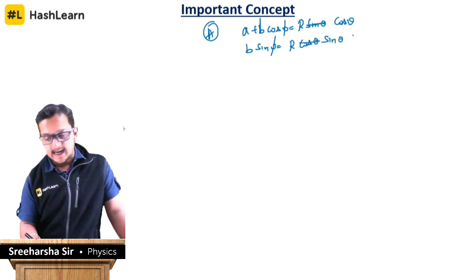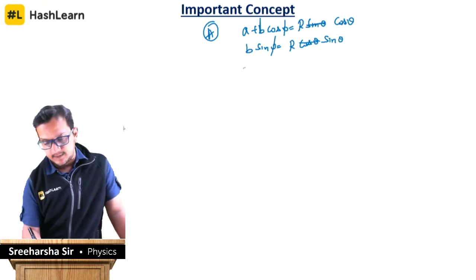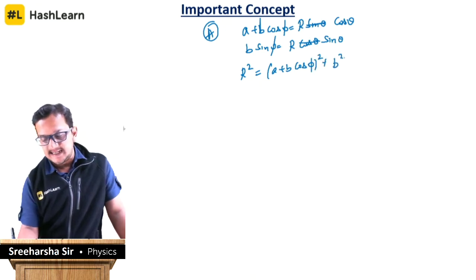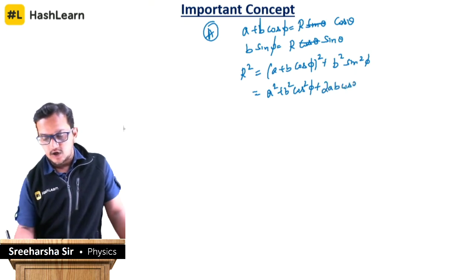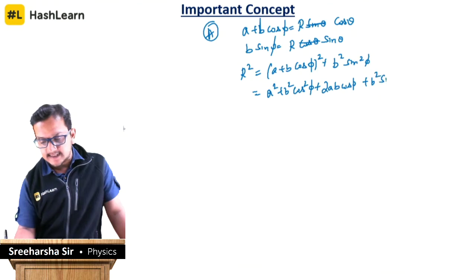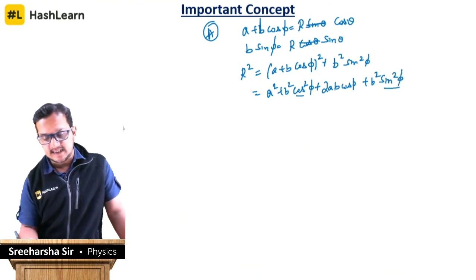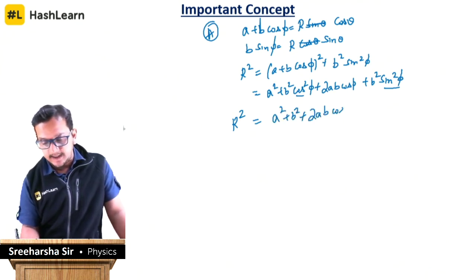If you square and add them, you will have r square equals (a plus b cos phi) square plus b square sin square phi, or this is equal to a square plus b square cos square phi plus 2ab cos phi plus b square sin square phi. Again, sin square theta plus cos square theta is equal to 1. So you will have r square equals a square plus b square plus 2ab cos phi.